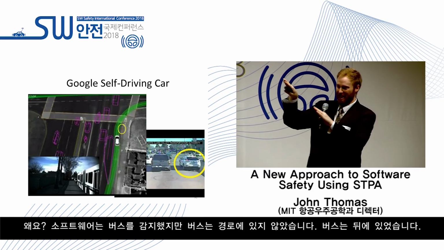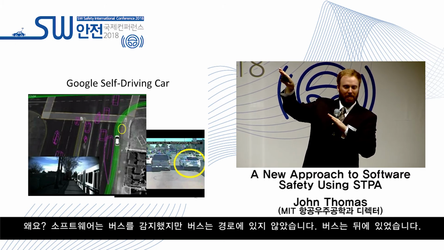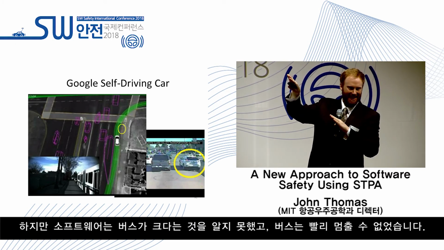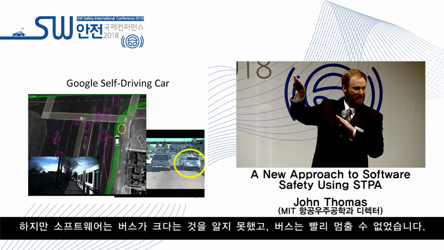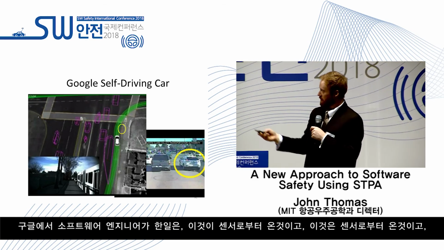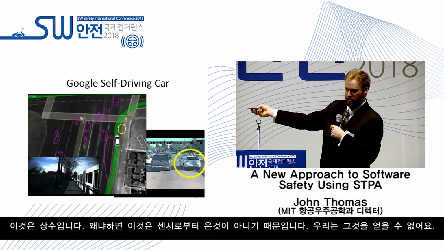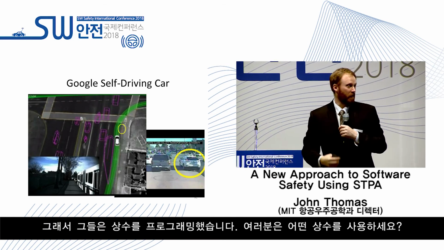Why? Well, it detected the bus. The bus was not in the path. It was behind. But it did not know the bus was big, and the bus could not stop quickly. What the software engineers did at Google is this comes from a sensor, this comes from a sensor, this is a constant because it does not come from a sensor. We can't get it. So they programmed the constant.